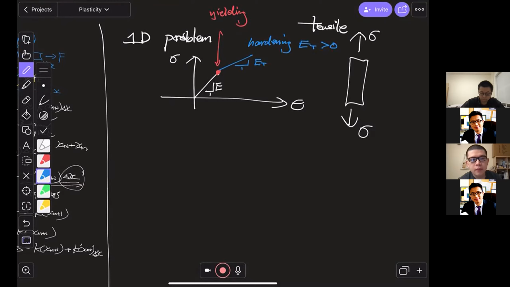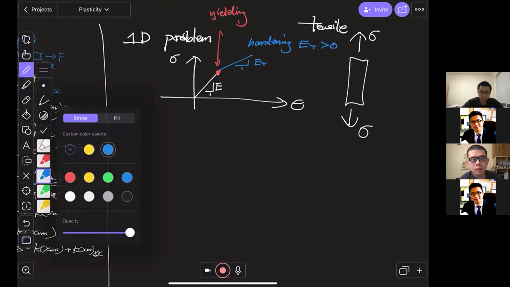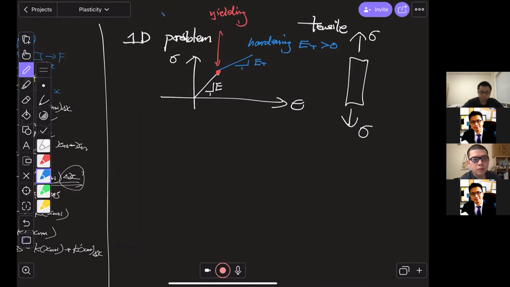Okay, so ET is the new modulus, the tangent modulus of the material. Beyond that point, I get degradation of the elasticity. Now I require a different amount of strain in order to change the same amount of stress. Okay, you see what I mean?